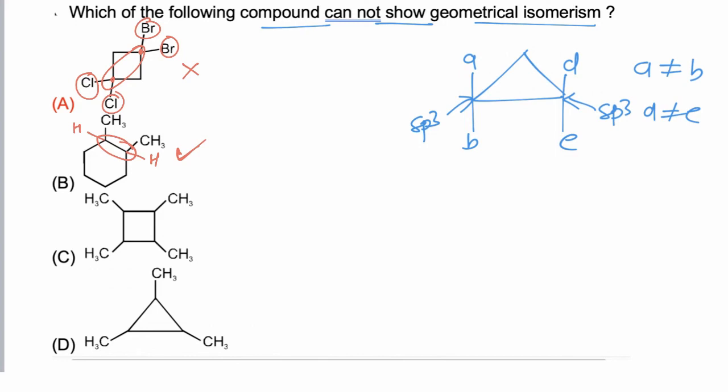This molecule will also show GI with any of the 2 carbons. Now in this molecule we have more than 2 sp3 hybridized carbons which individually have different units, so this molecule will also show GI. So B, C and D will show GI while option A will not show GI, and hence the correct answer is A.